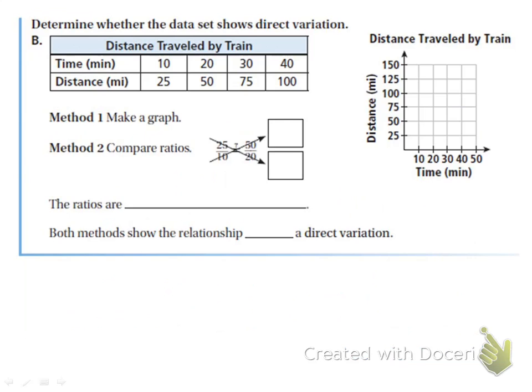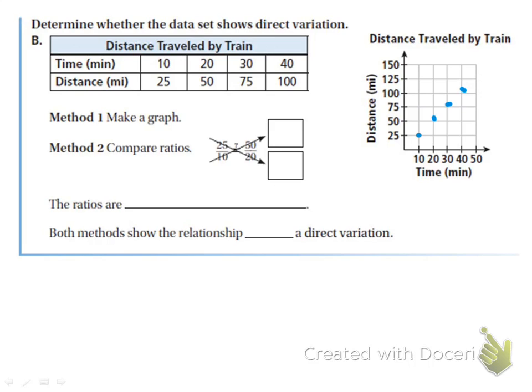Question B. Determine whether the data shows direct variation. First, let's make the graph. So when time is 10, distance traveled is 25. When time is 20, distance traveled is 50. When time is 30, distance traveled is 75. And 40 is 100.